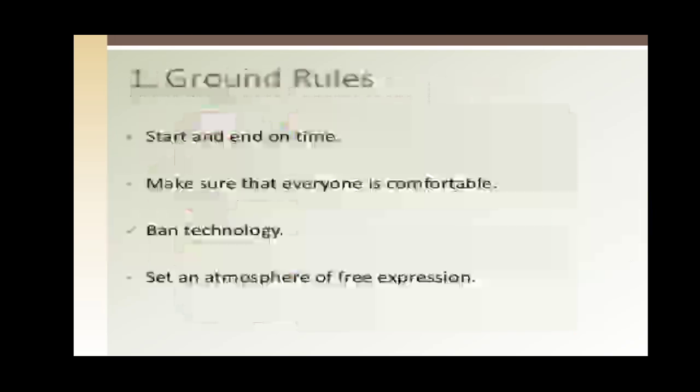This is what we call the ground rules, the basic fundamental things you have to do during the meeting, because starting and ending the meeting on time is very important.